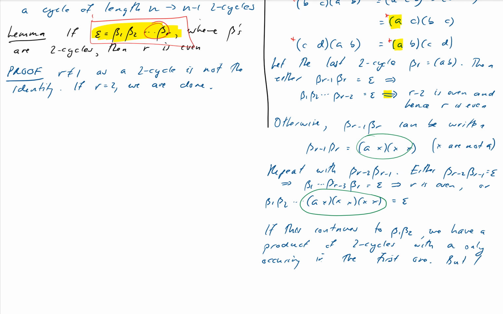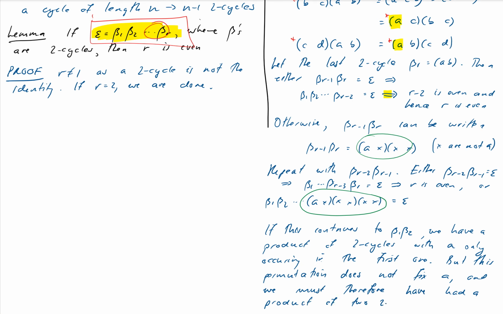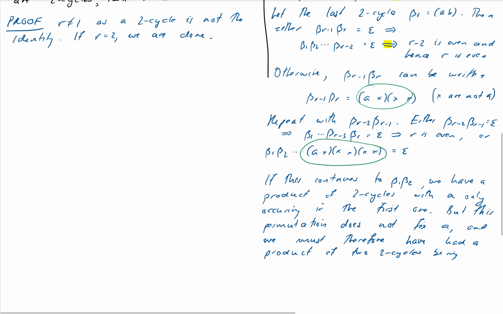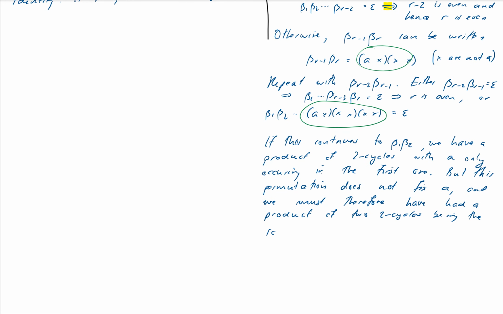But this does not fix A, and we must therefore have had a product of 2 of these 2-cycles being the identity at some point during the process.